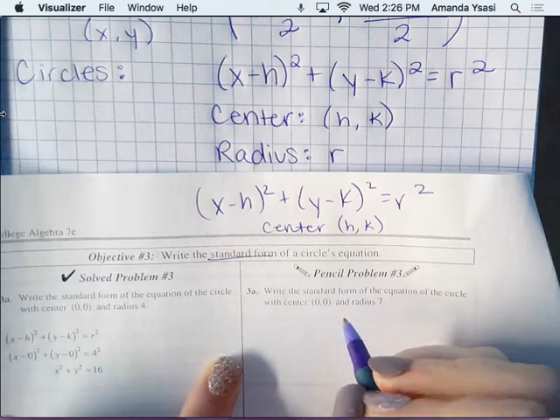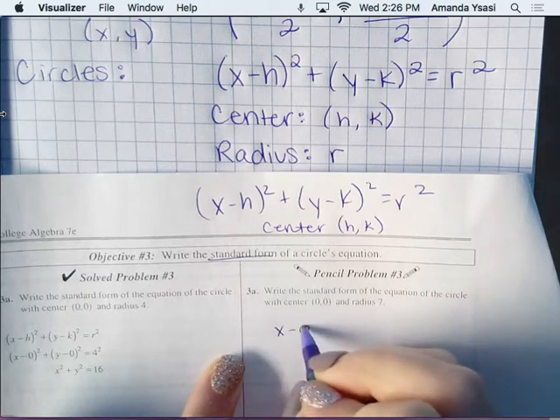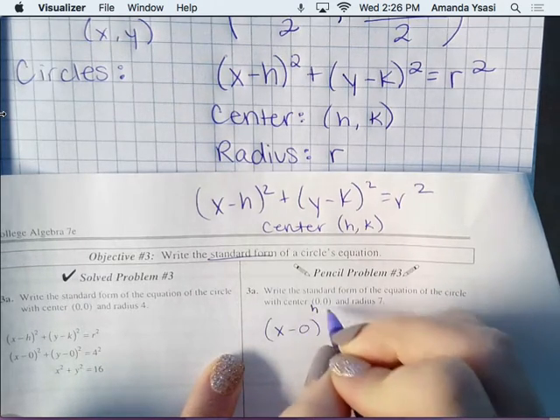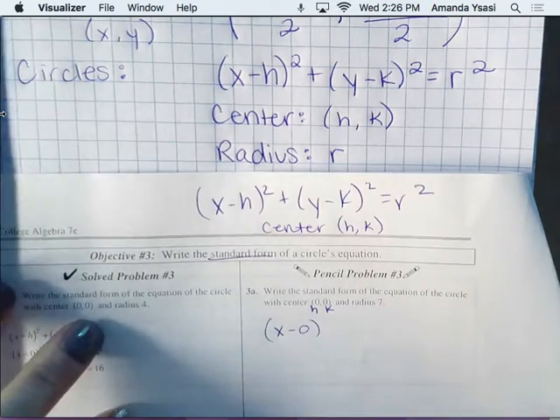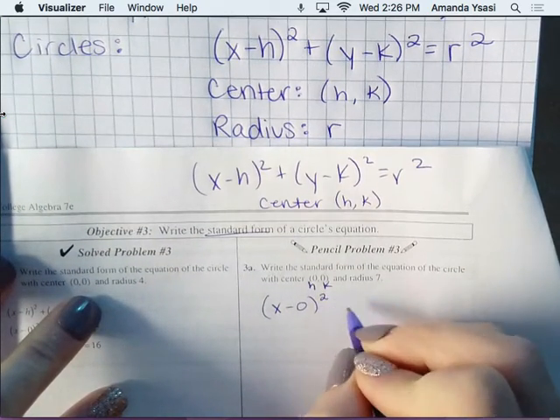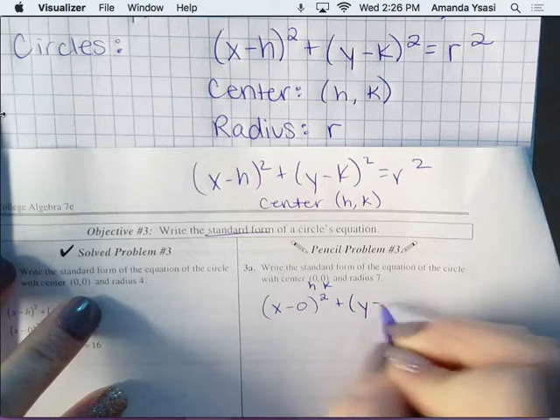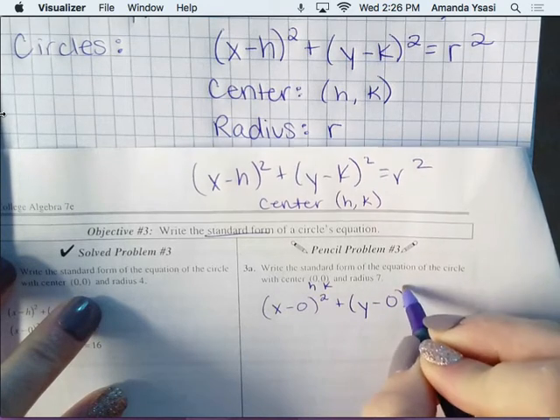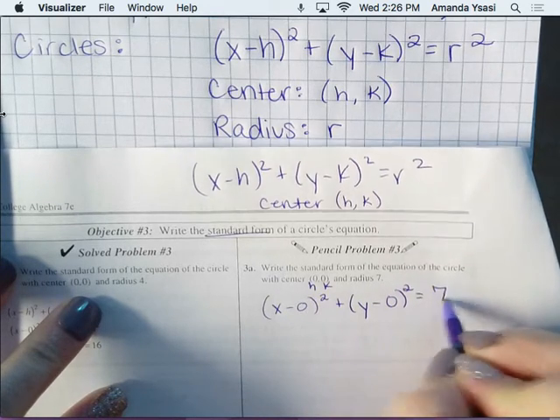So the center is 0, 0. So x minus 0, this is h and this is k. x minus 0 squared plus y minus 0 squared equals 7 squared.